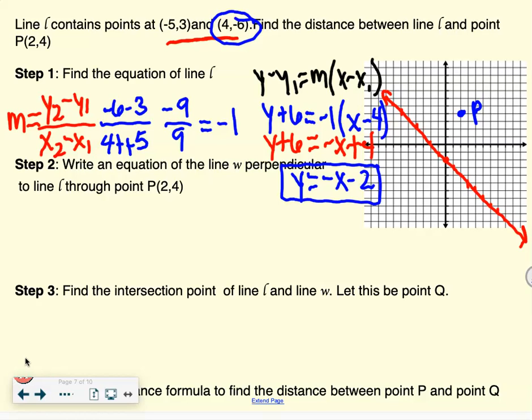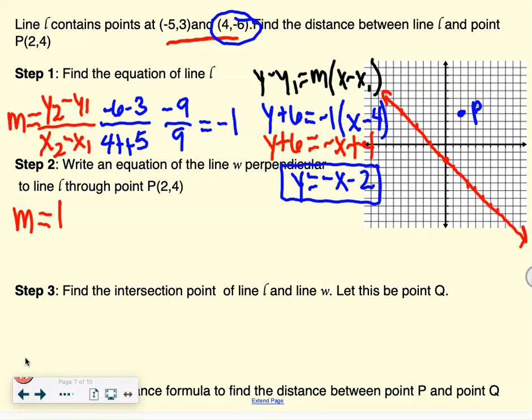So let's go to step 2. It says write an equation of the line W perpendicular to line L that goes through point P. So what does my slope have to be if it's perpendicular to line L? This is really -1/1, so if I flip it, it's still 1/1, and since this is negative, it will be positive.